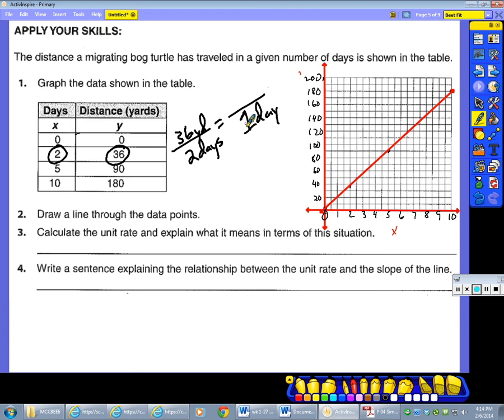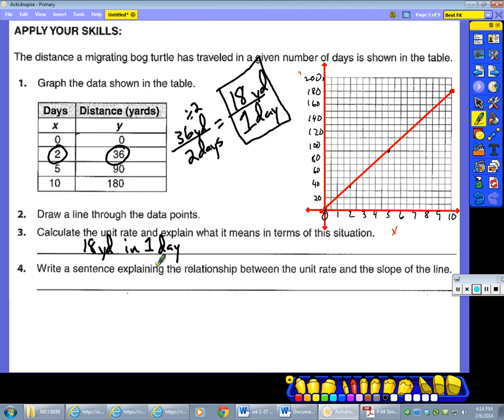I cut it in half. So that means I would divide 36 in half, and that would give me 18 yards. So this is my unit rate. 18 yards in 1 day. That's how far they're going to travel. And what it means in this situation is they will travel 18 yards in 1 day.